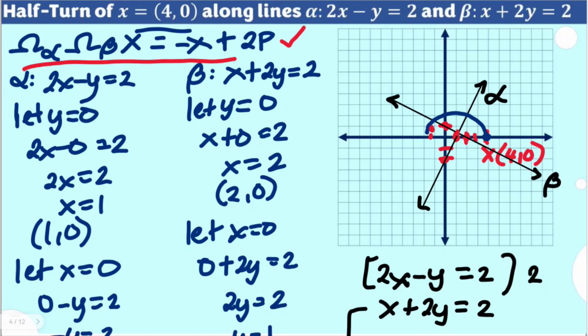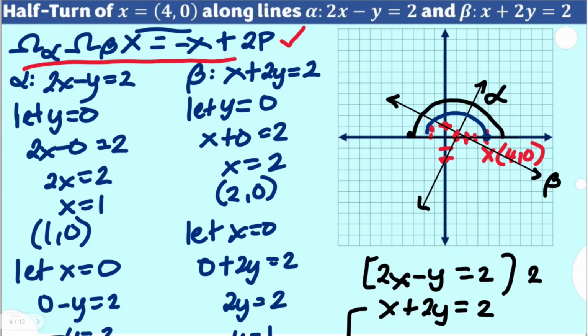Take note, it did not reach the x-axis on the negative side. If we think about reaching there, it may look like 180 degrees, but it did not pass through our center.